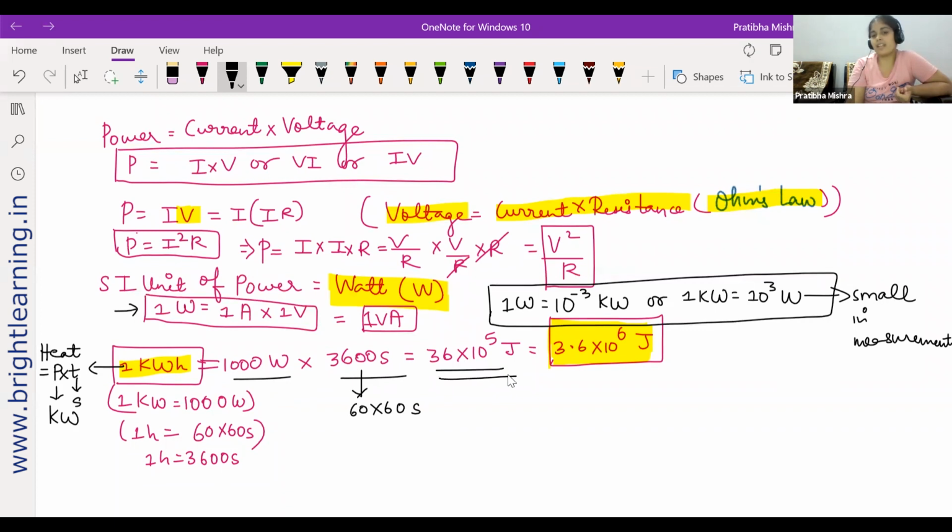So you derive it like this, you get 36 into 10 to the power 5 in scientific notation, right? You know what scientific notation is. Or you can also write it as 3.6 into 10 to the power 6. Both are correct. These are the things that you need to understand.